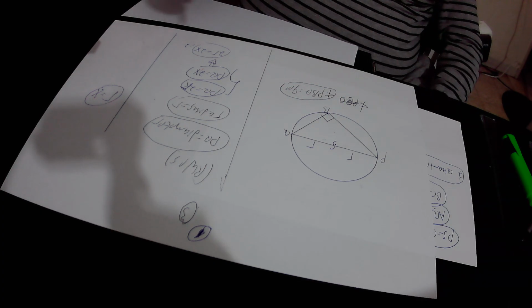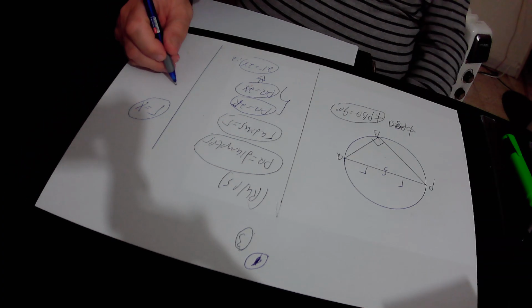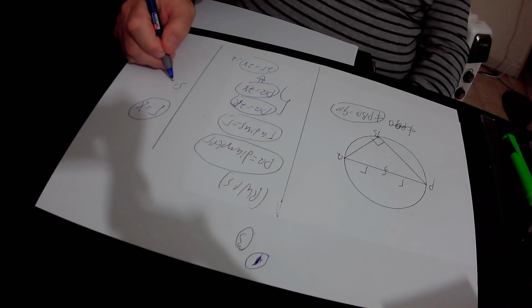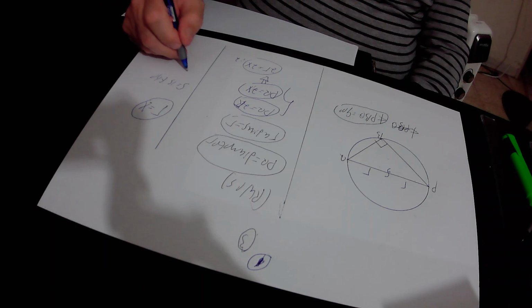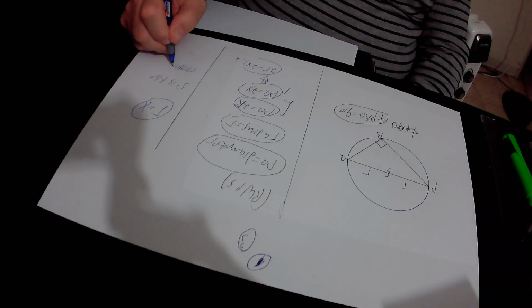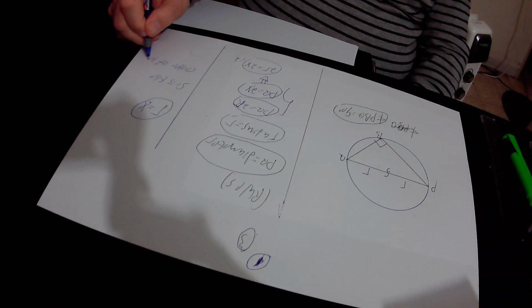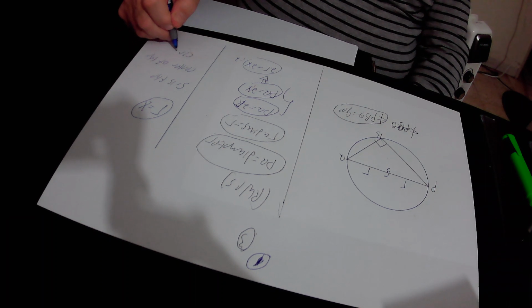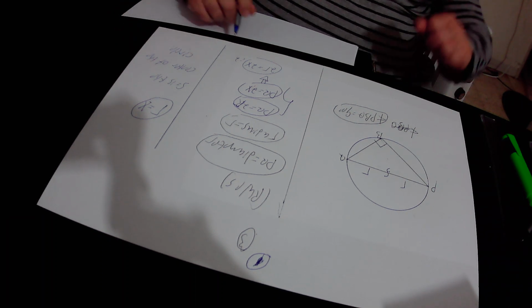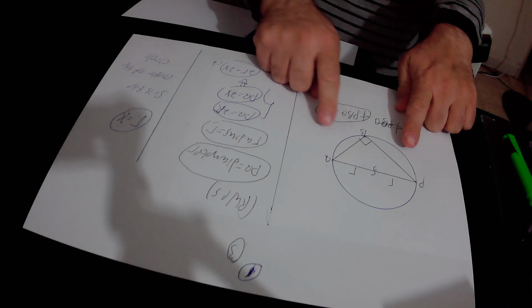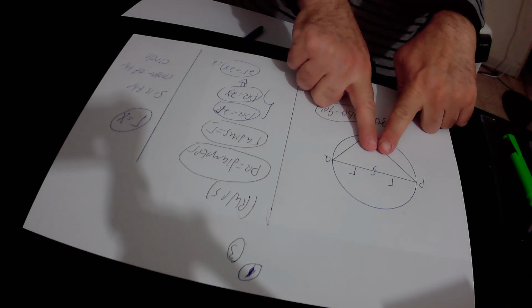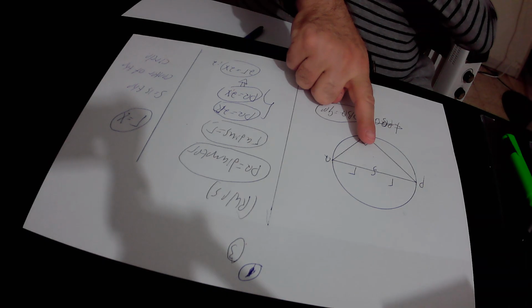So I write down, point S is the center of the circle. Repeat again, because of the fact that those two radii touch each other at point S, S must be the center of the circle.